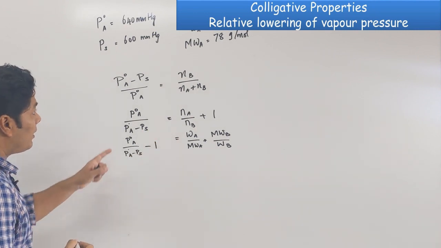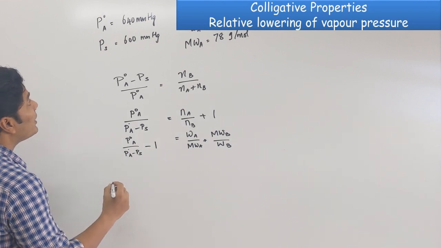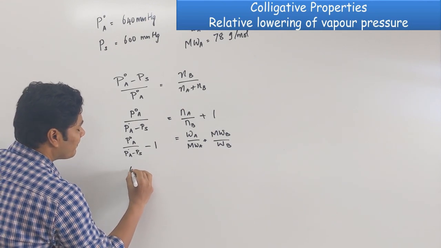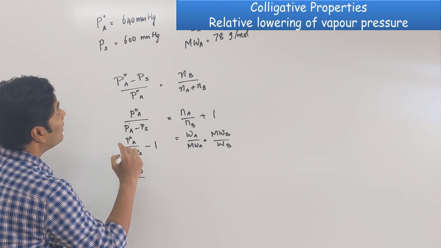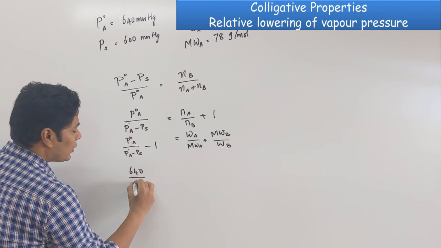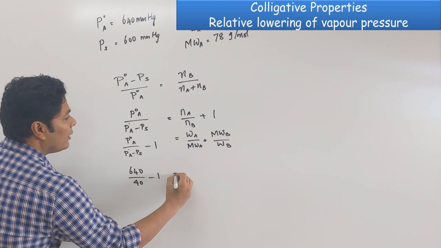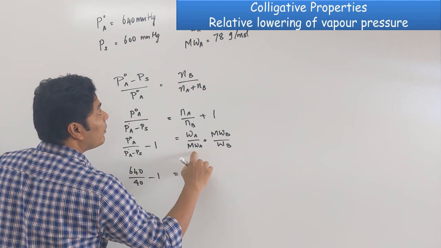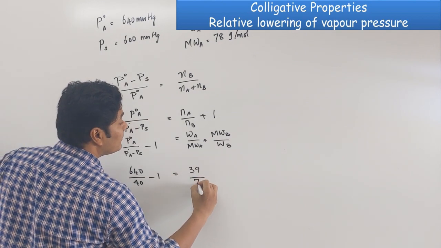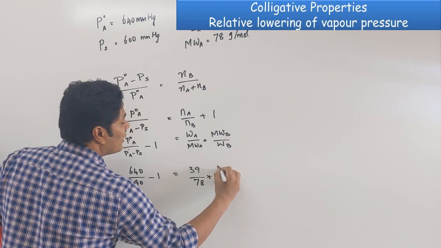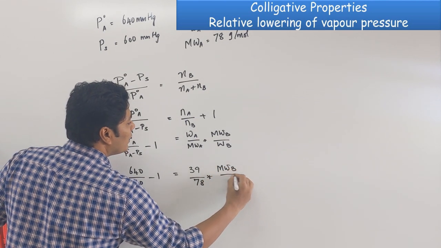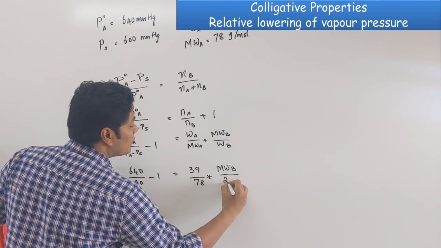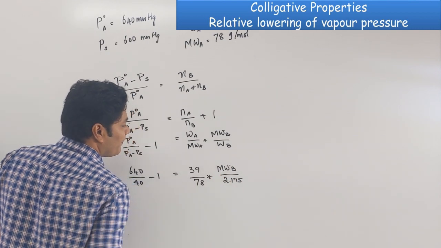Okay. Now, let's put the values that they have given. P naught A is 640 divided by 640 minus 600 is 40, minus 1 equals weight of A is 39, molecular weight of A is 78, molecular weight of B is my unknown divided by weight of B is 2.175 grams.